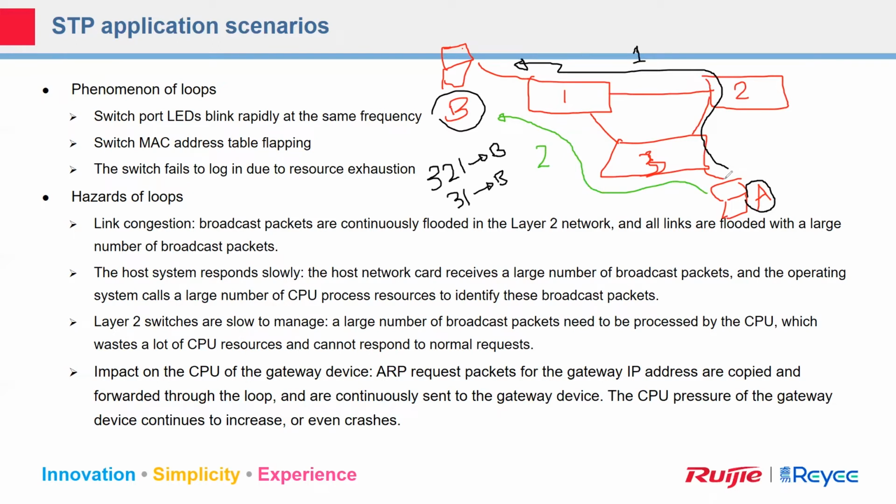In some scenarios, if you have multiple PCs here, this configuration can cause something called loops. I want to go from PCA to PCB. Should I go that way, which is way 1, or should I go way 2, which is to switch 3 and then to switch 1? So the STP came to avoid that loop.